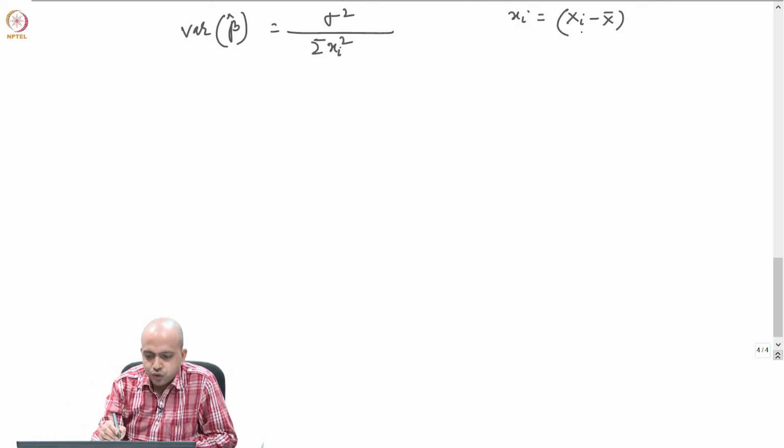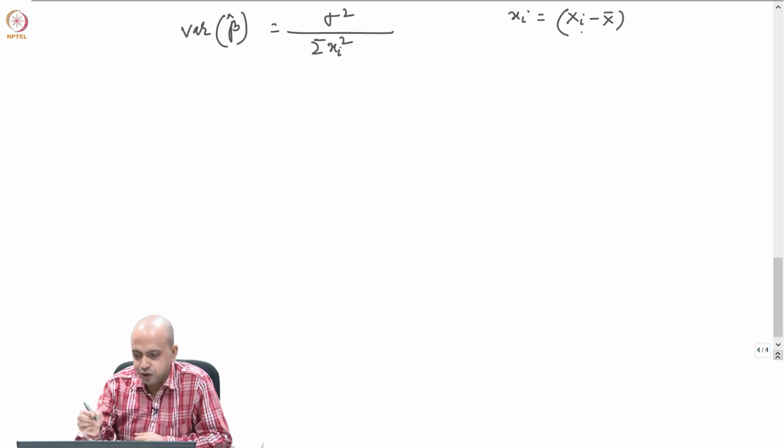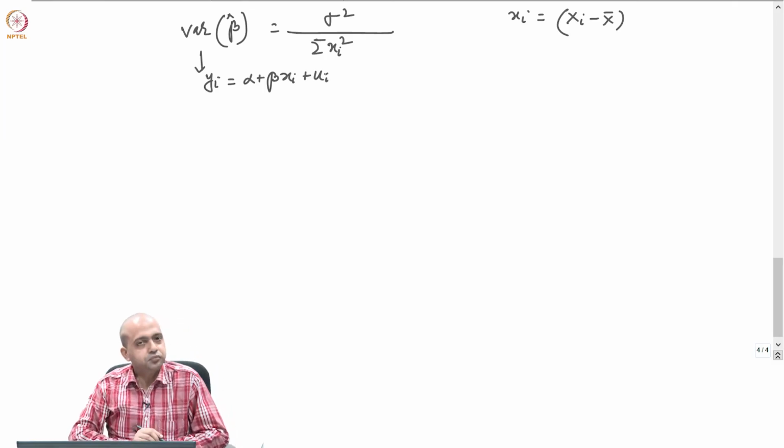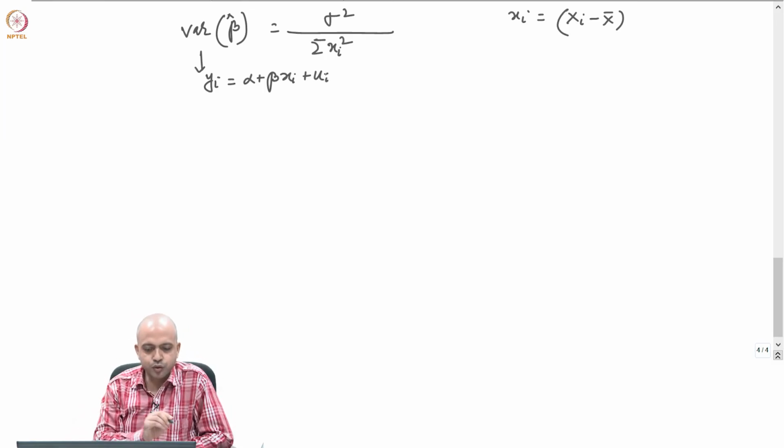Okay. So, when your model involves only one explanatory variable, that means this is applicable when your model is yi equals alpha plus beta xi plus ui. So, this is the variance formula when you have only one explanatory variable in the right hand side.